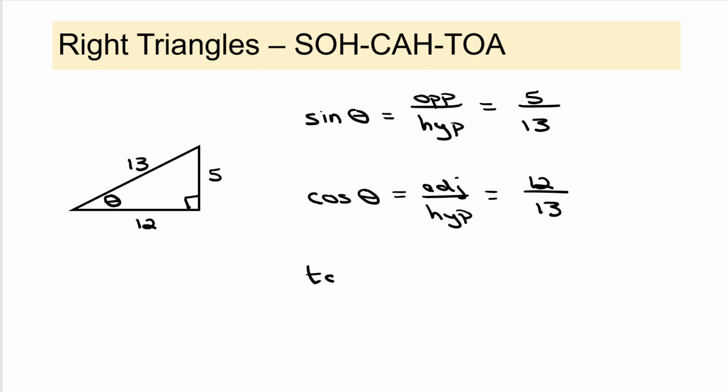And lastly, I've got the tangent of theta. So TOA, opposite over adjacent. So we've already identified the side opposite theta is 5, and the side adjacent to theta, but not the hypotenuse, is 12. So we found our three primary trig functions, the sine, cosine, and tangent of theta for this particular right triangle.